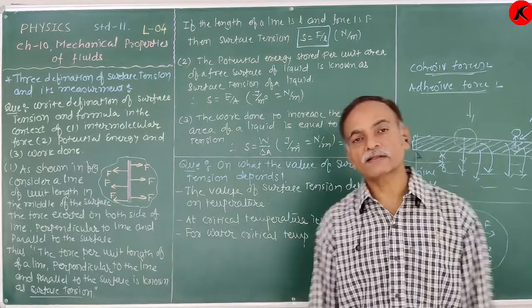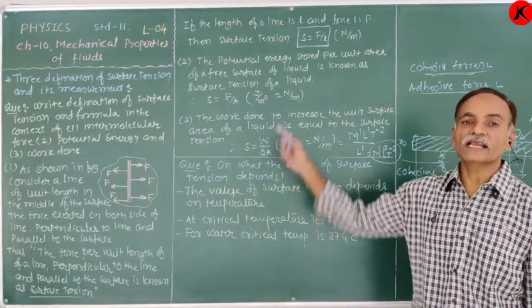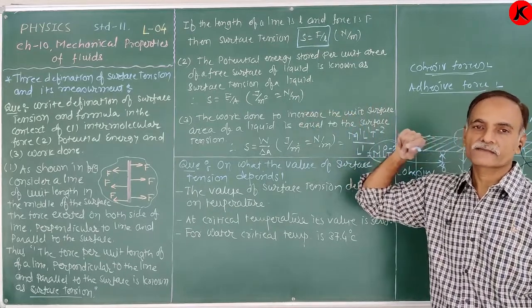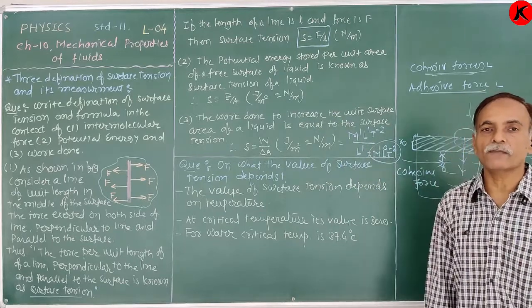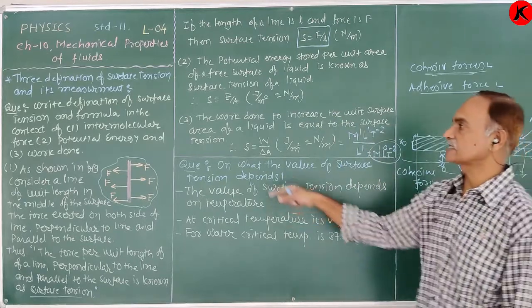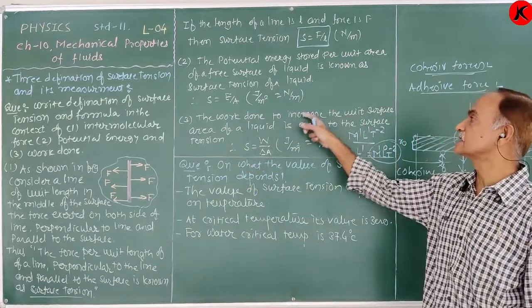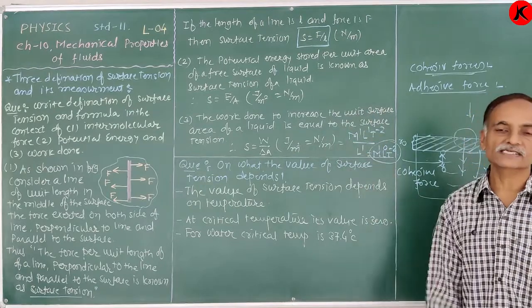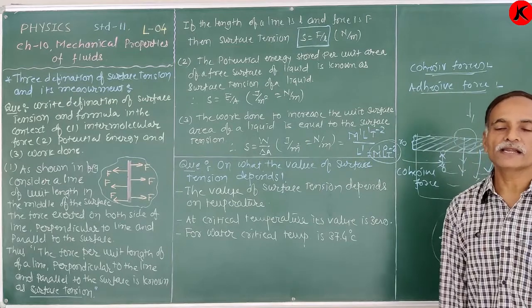Second, on the basis of potential energy, the potential energy stored per unit area of a liquid is known as the surface tension. Therefore, S is equal to E upon A. And third, on the basis of work done, the work done to increase the unit surface area of a liquid is known as the surface tension. Therefore, S is equal to W upon delta A.